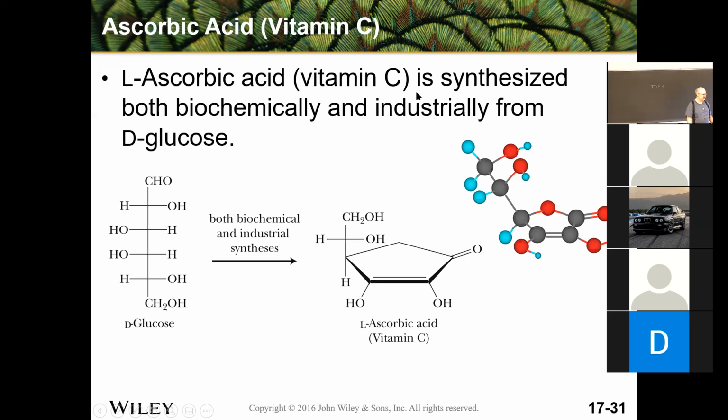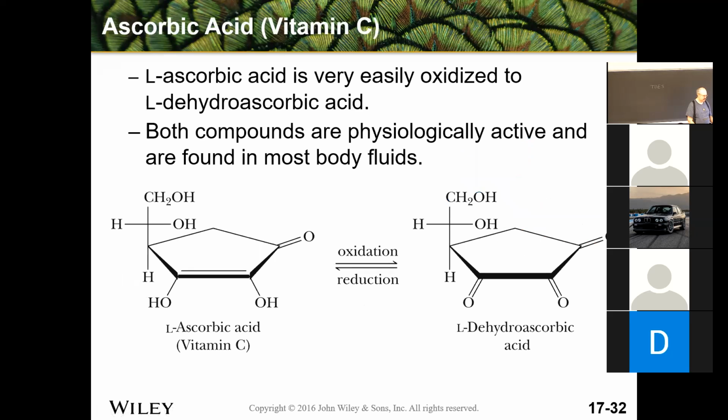L-ascorbic acid, or vitamin C, is synthesized from glucose, both biochemically and industrially. In our chapter on lipids, we looked at some fat-soluble antioxidant vitamins. Vitamin C is a water-soluble antioxidant.